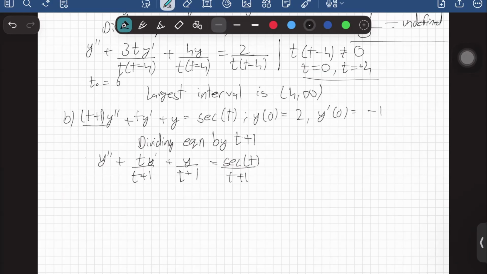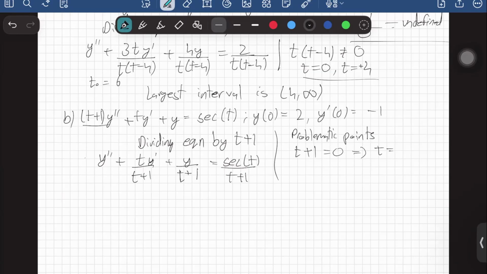So we will also have to account for the problematic points where sec of t is undefined, right? So problems occur at what points? These are our problematic points, and these occur at t plus 1 equals 0. We do not want that to happen, right?